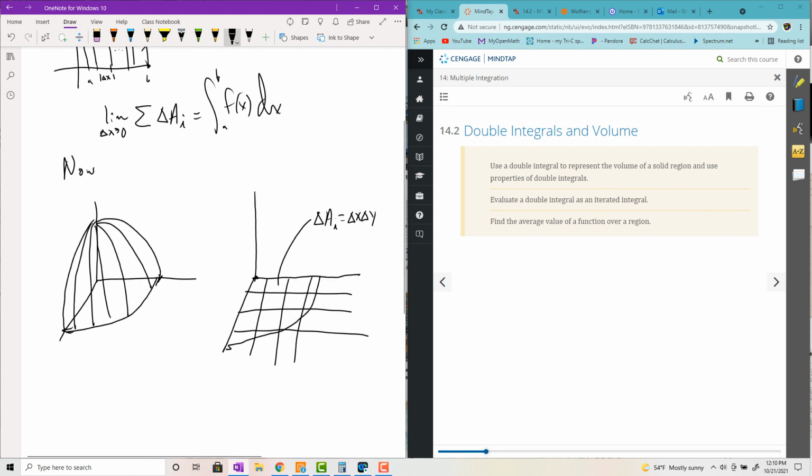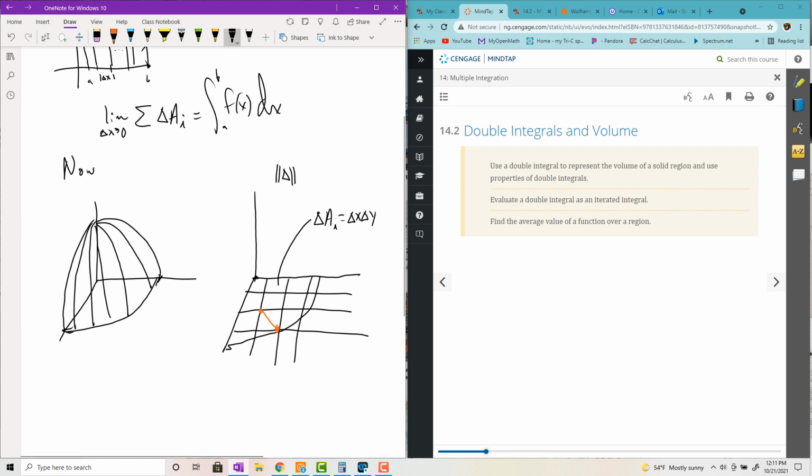In order to produce this limit at the end, like we did in Calc 1, instead of change in x, I'm going to use this thing called a norm. The norm is going to be the length of the largest diagonal. So in this little picture, it looks like maybe this would be the longest diagonal.